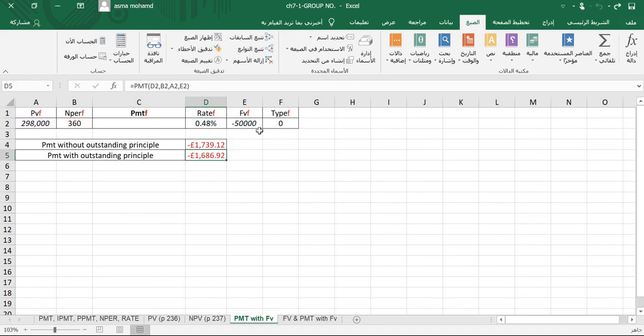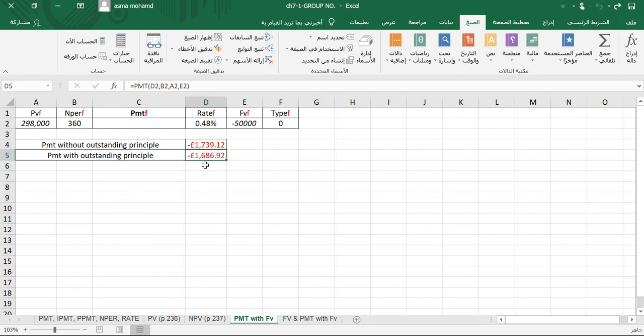If we have a future value of 50,000, our outstanding, we will pay 1,700. If we have it, we will pay less monthly, but in total we will pay more because here it's at 50,000. So monthly we'll pay less, just less.